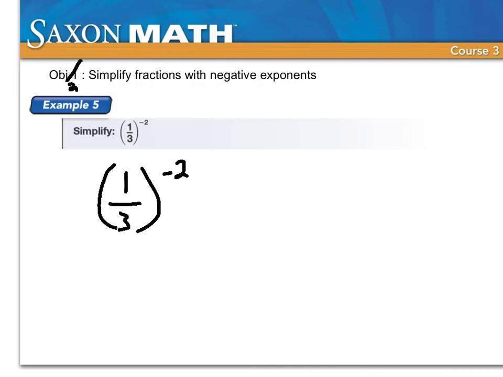Well, anytime I've got a negative exponent, remember that told me to move things to the opposite side of the fraction bar. So basically what we're going to do is take this and just flip it over on top of each other and make it a positive exponent. So 1/3 to the negative second is the same as 3 over 1 to the second power.